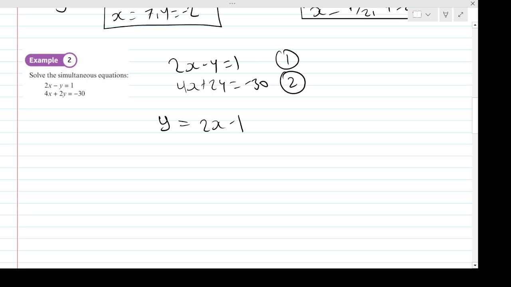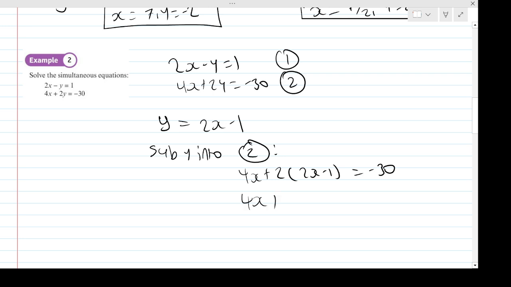So then, because that's from equation 1, I need to substitute it into the other equation to get some actual information out. So I'm going to sub y into the other equation, which is 2. Then 4x add 2 lots of 2x minus 1 equals minus 13, which obviously gets me an equation just for x, which I can solve quite easily. So then 4x add 4x minus 2 is minus 13.